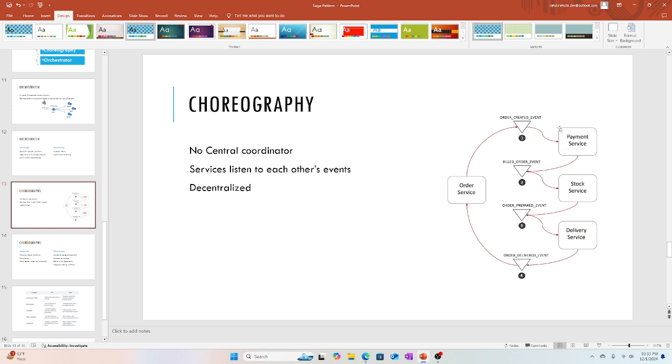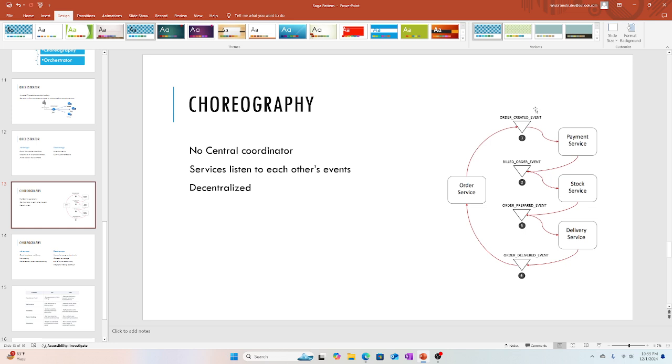The payment service will consume the event, process the payment and emit a build order event, and the stock service will receive that event, update the stock and send its status on another event. In this way, the whole set of services communicate with each other using events.